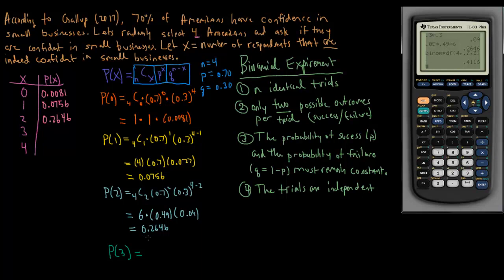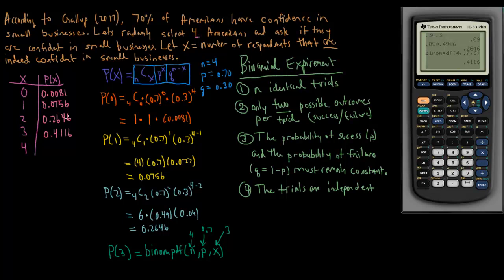So you have to do binomPDF, and you have to do n, p, x. So in this case, n equals 4, p equals 0.7, and x, we were trying to calculate the probability of 3. And it turns out that probability is 0.4116.